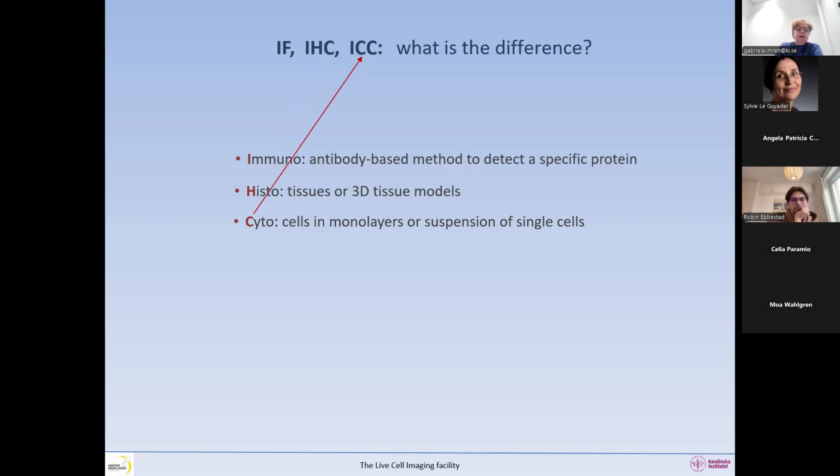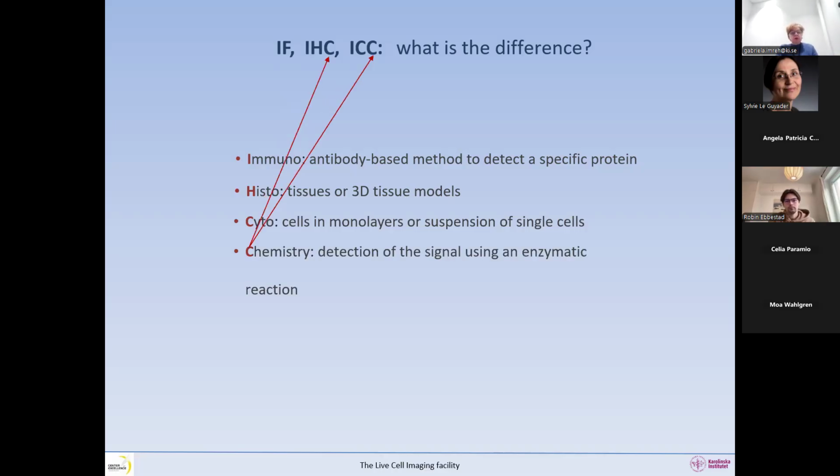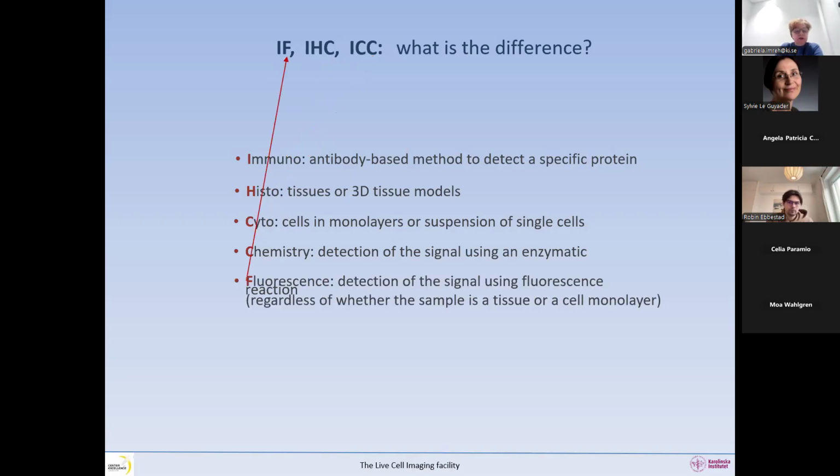The C in ICC, the first C, comes from the word cyto, meaning that we are working with cells in monolayer or suspension of single cells. The C in IHC and ICC comes from the word chemistry, meaning that we detect the signal using an enzymatic reaction.